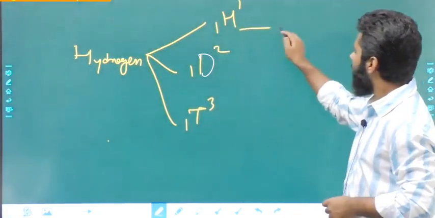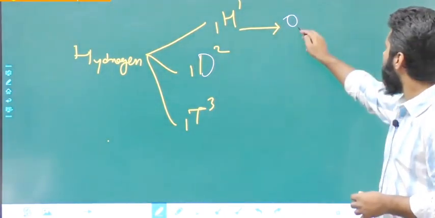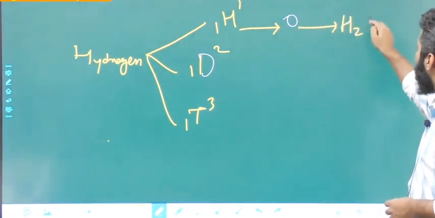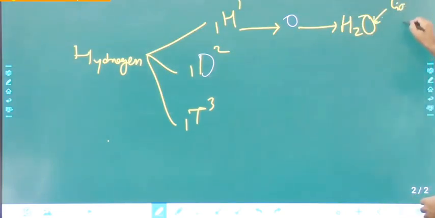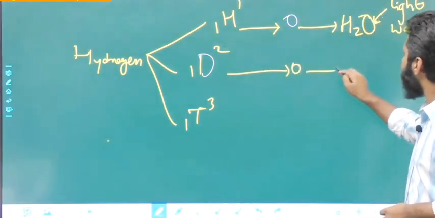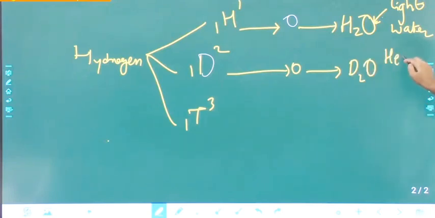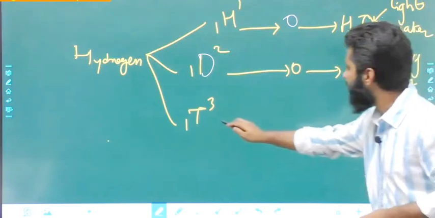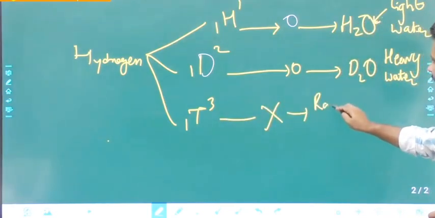When protium reacts with oxygen, it produces light water. When deuterium reacts with oxygen, it gives heavy water. And tritium does not react with oxygen because it is a radioactive element.